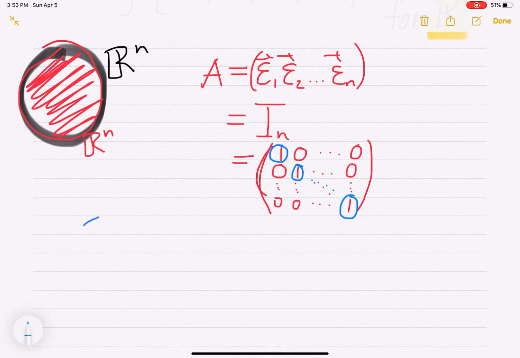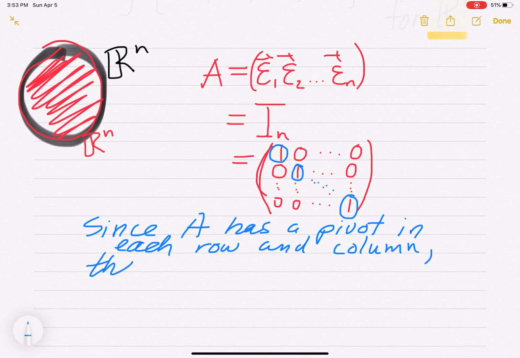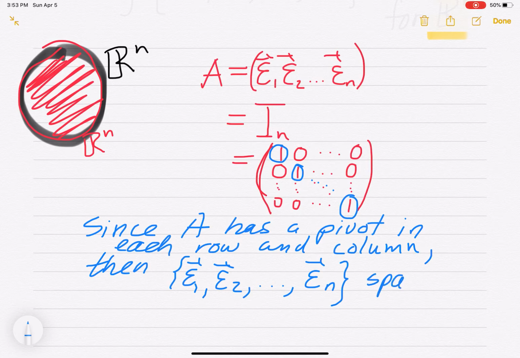So since A has a pivot in each row and column, then epsilon 1, epsilon 2, through epsilon n spans Rn, because we have n entries going down the columns, and is linearly independent.